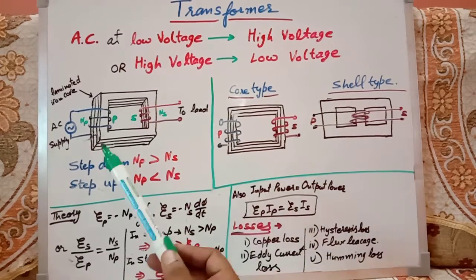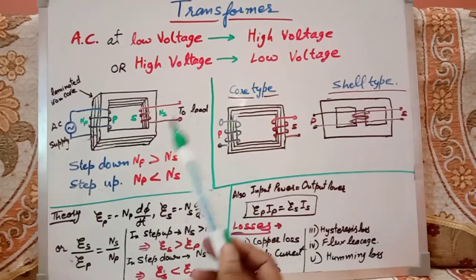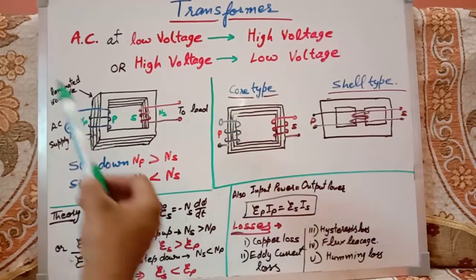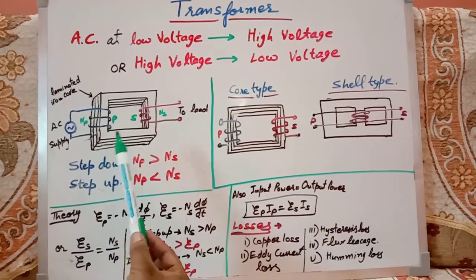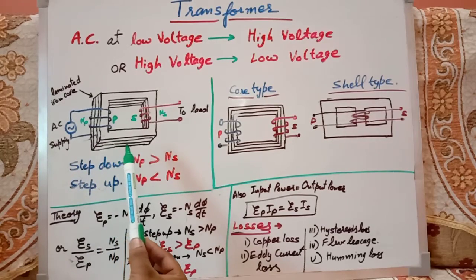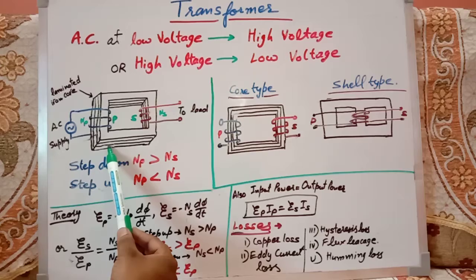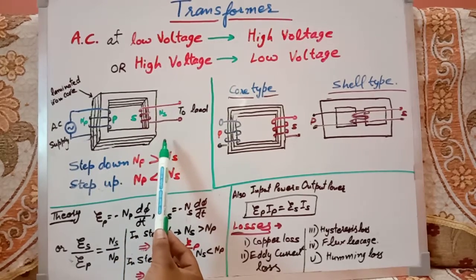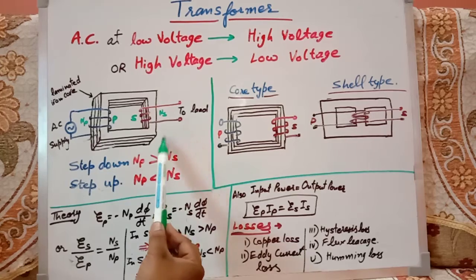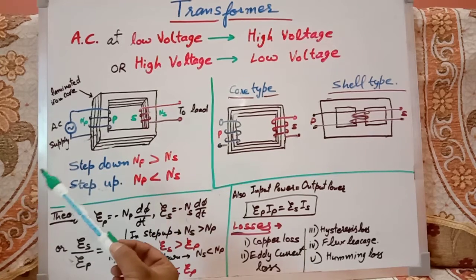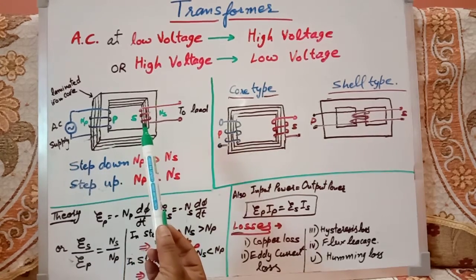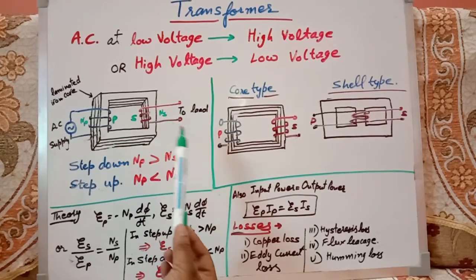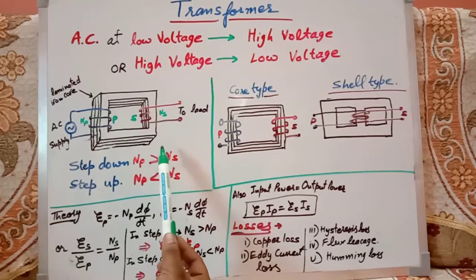Okay, now what is the working of a transformer? How does it work? As the alternating current flows through the primary, it generates an alternating magnetic flux in the core, which also passes through the secondary. The changing flux sets up an induced EMF in the secondary coil. If there is no leakage, the flux linked with each turn of the primary will be equal to that linked with the secondary.